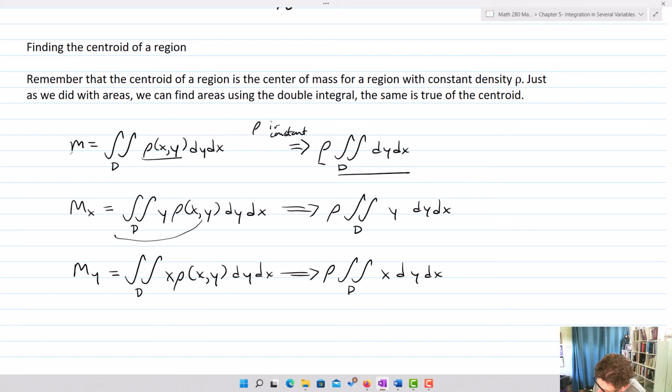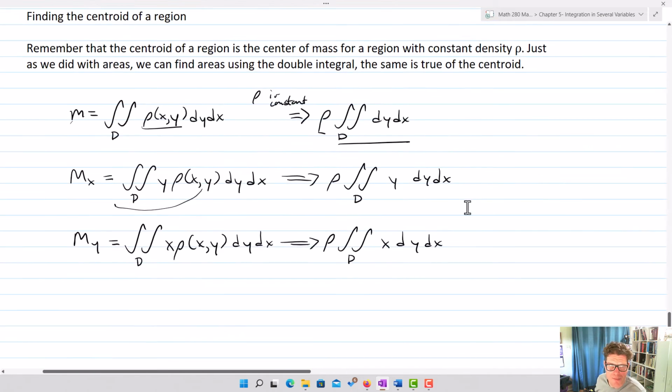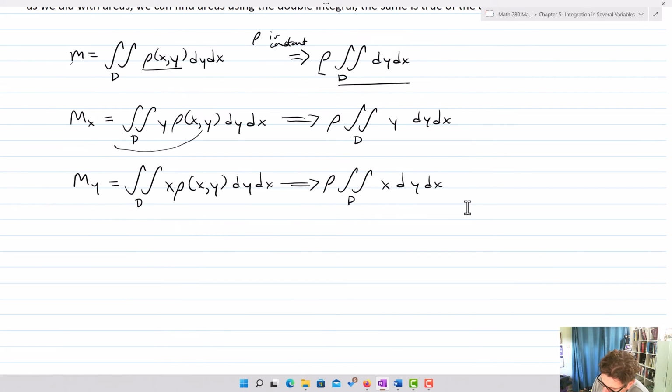Okay? So, given that's the case, if we want to find our centers of mass, we've got x bar equals M_y over m, and what's going to happen is that the rhos are going to cancel. We saw that actually when we did it with single integrals.